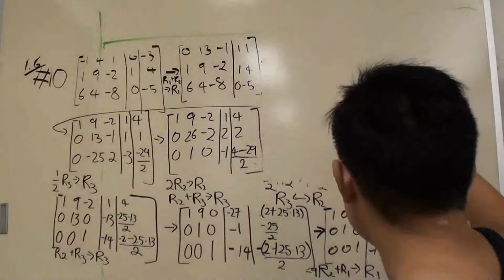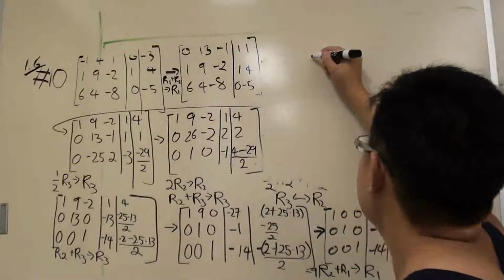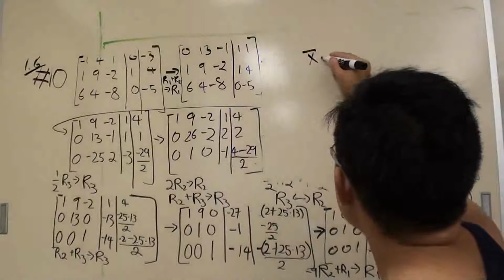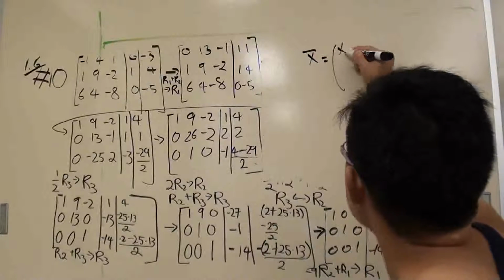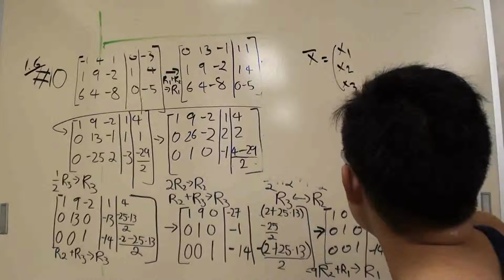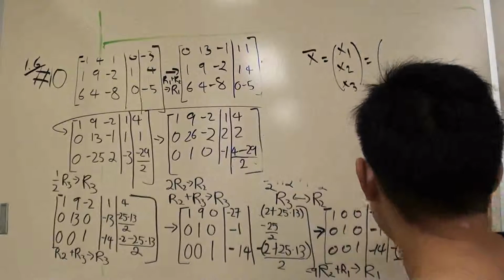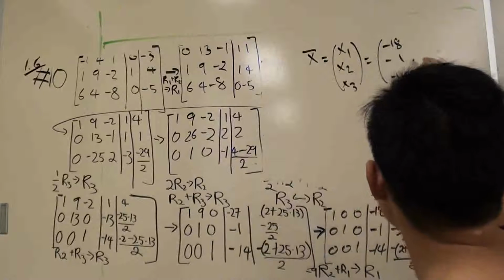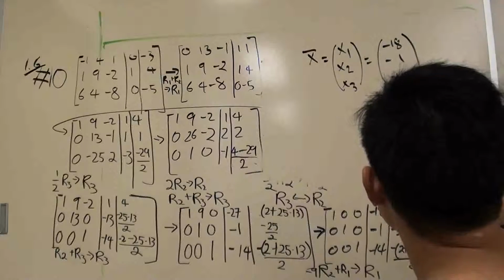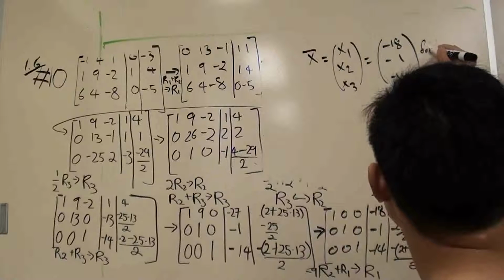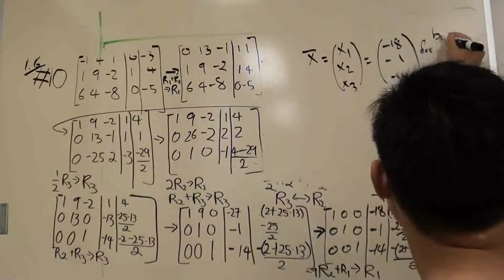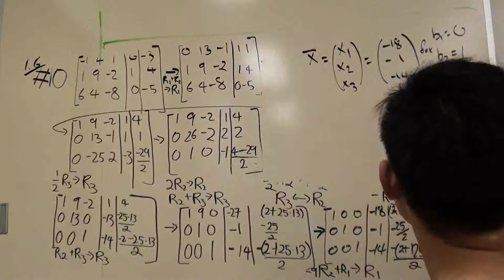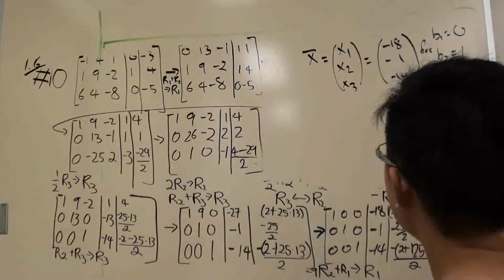But nonetheless, if I have this, x, which you don't have to write, is essentially the same thing as this. So this will be negative 18, negative 1, and negative 14 for b1 equals 0, b2 equals 1, b3 equals 0.